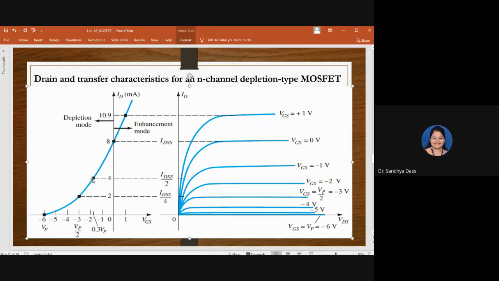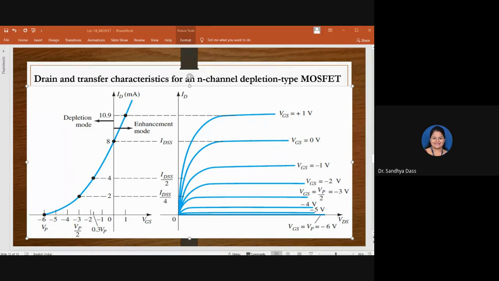This is one method. Another method is directly taking from the Shockley equation for JFET. I would like you to go through plotting the transfer characteristics for JFET using the Shockley equation. What is the equation in JFET?